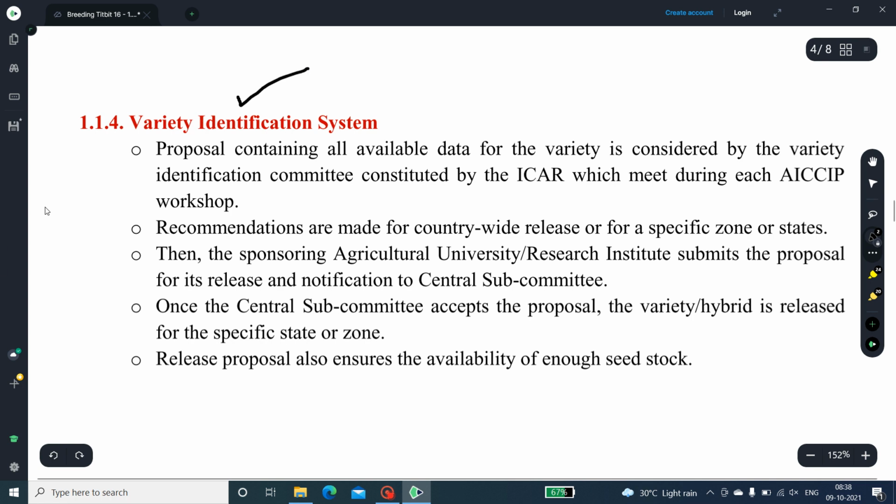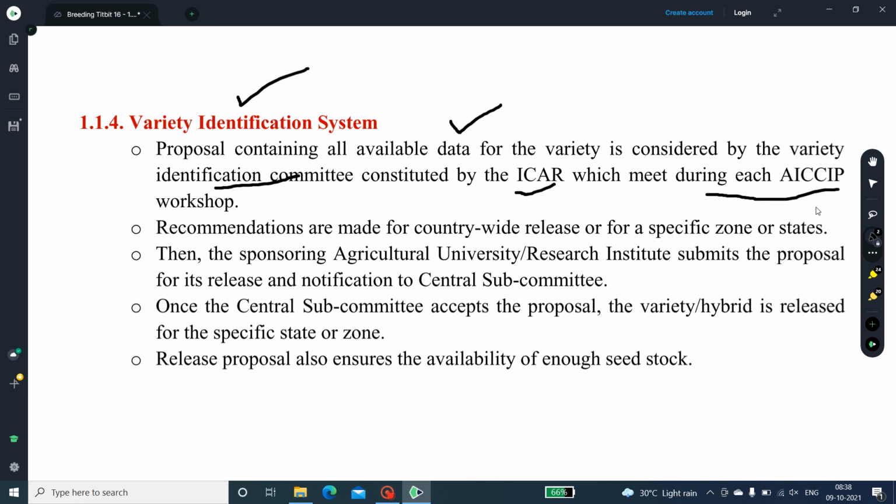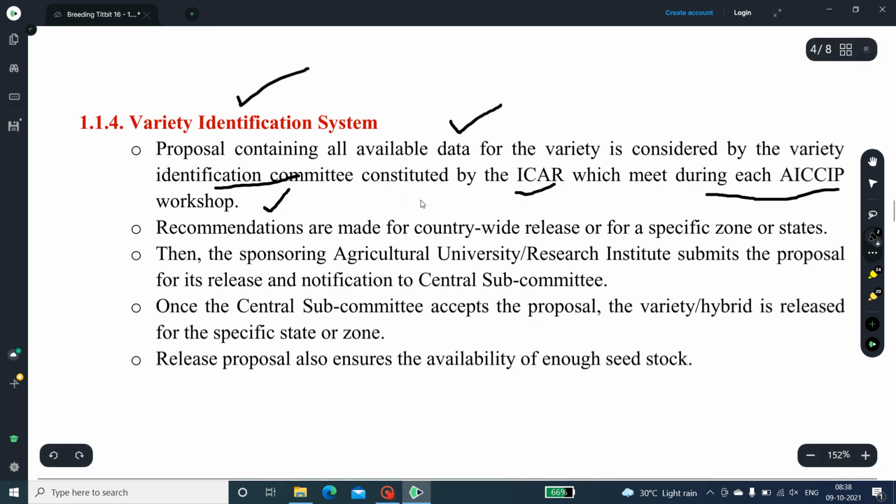The proposal containing all available data for the variety is considered by the Variety Identification Committee constituted by ICAR, which will meet during All India Coordinated Improvement Projects during its workshop. Recommendations are made for countrywide release or specific zones or a particular states.